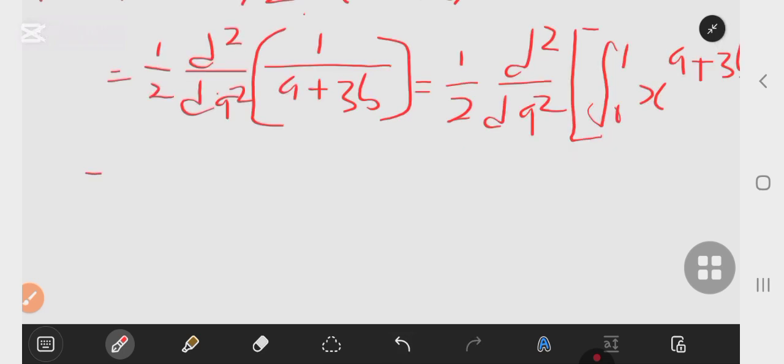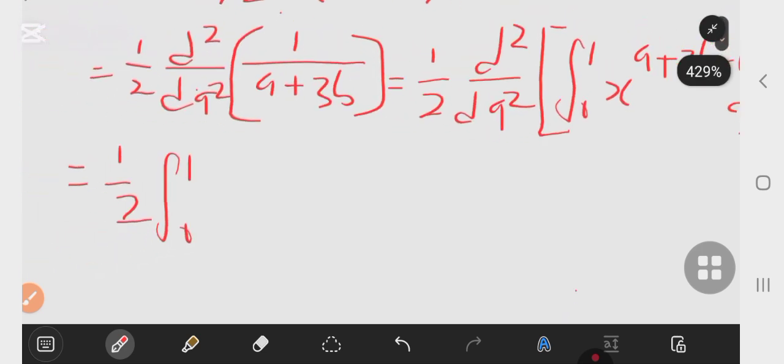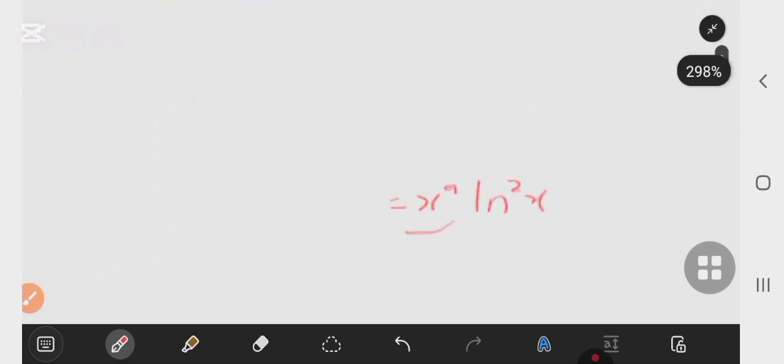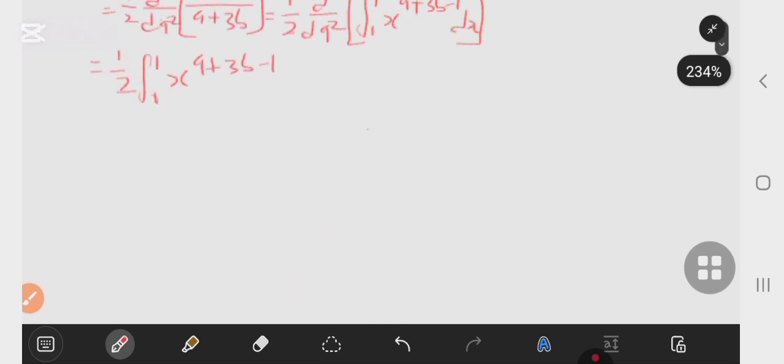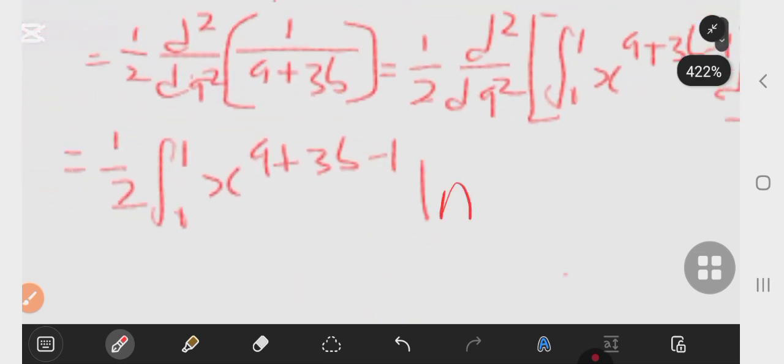I have that this is equal to half of the integral from 0 to 1 of x to the power of (A plus 3B minus 1) times ln squared x.